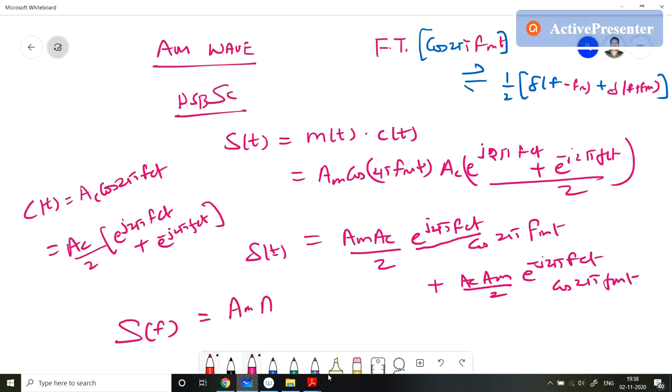So it is Am Ac divided by 2, and what we are getting here is that this spectrum is shifted to fc and this is shifted to minus fc. It is better to write all these things in the next slide.